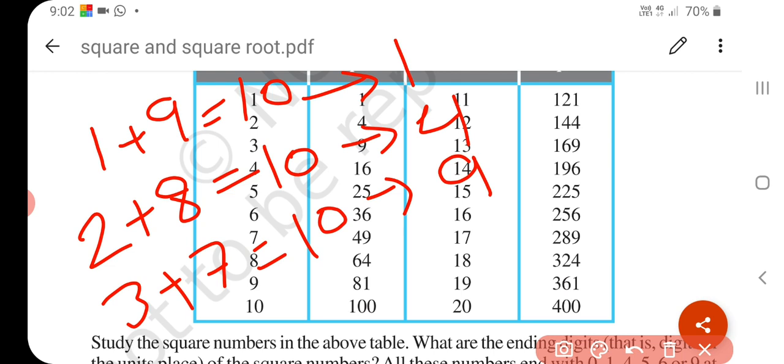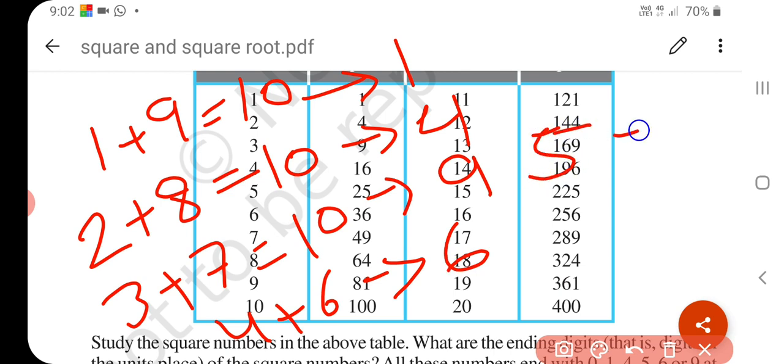Then 4 plus 6 always ends with 6. 4 fours are 16, 6 sixes are 36. For 5 you get 5, and for 0 you get 0. So remember these things.